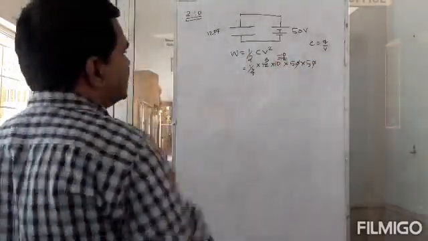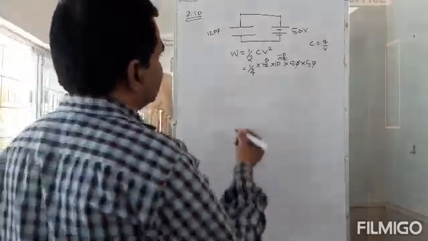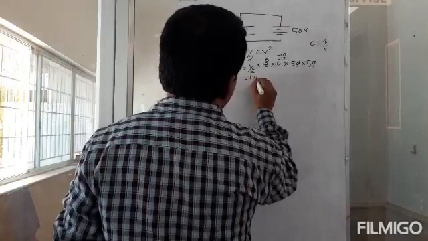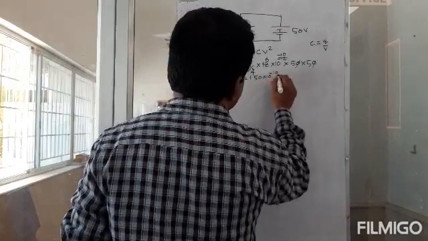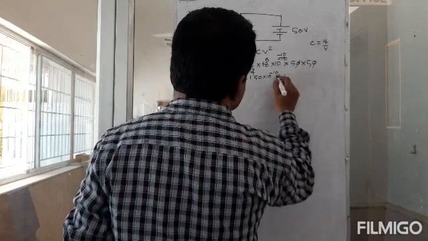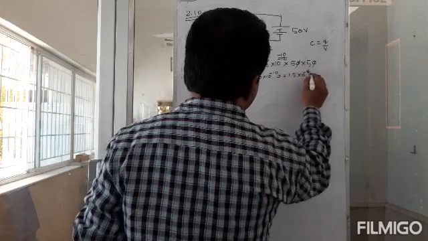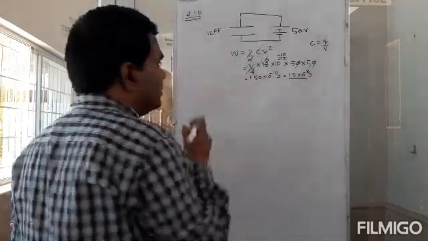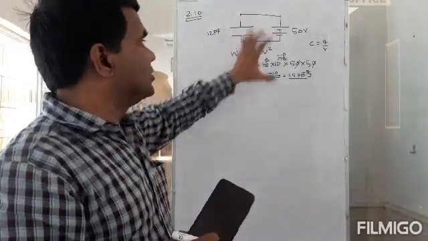So 25 into 6 will be 150 into 10 power minus 10 joules, or I can say 1.5 into 10 power minus 8 joules. So that is the amount of energy stored in this capacitor.